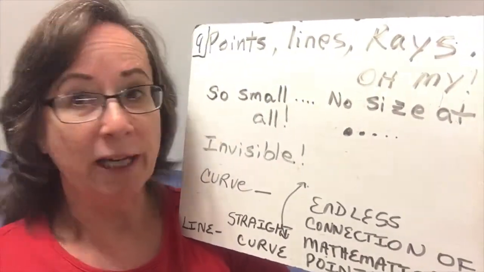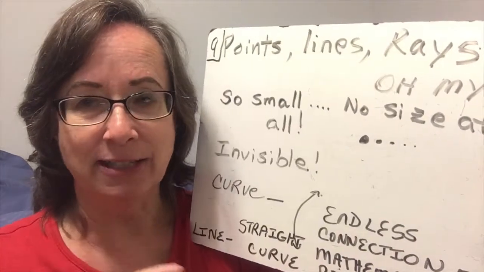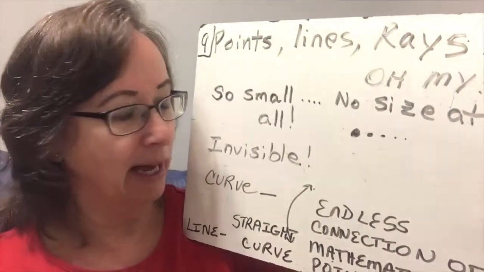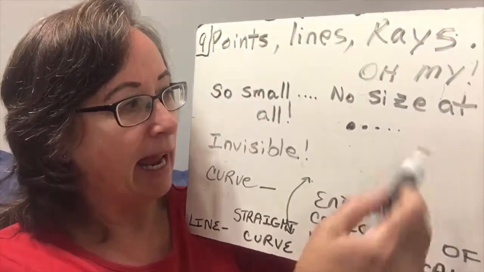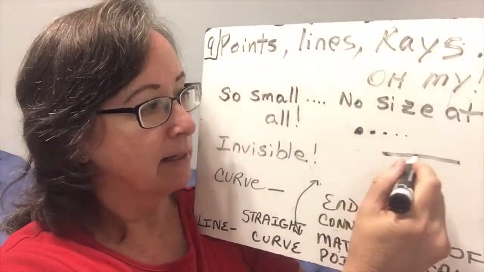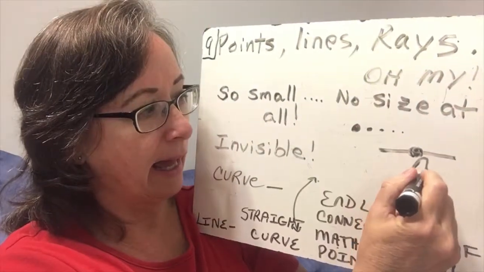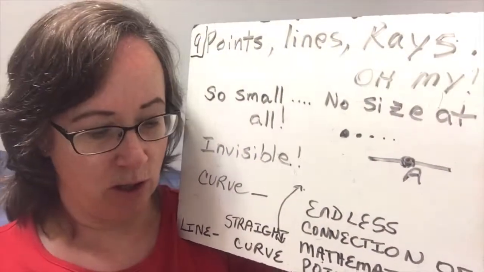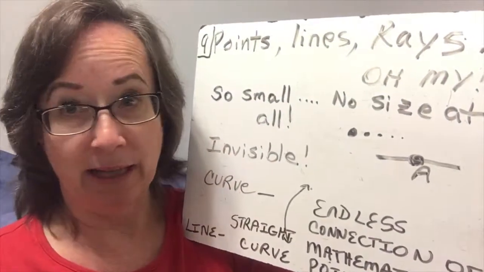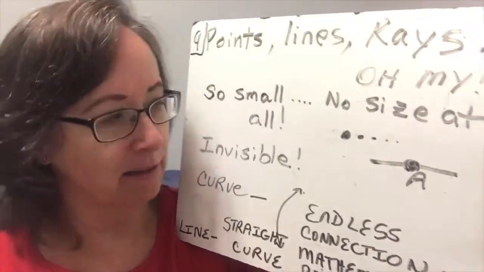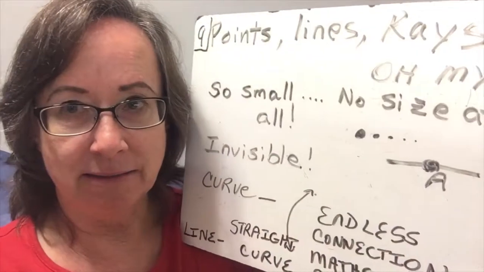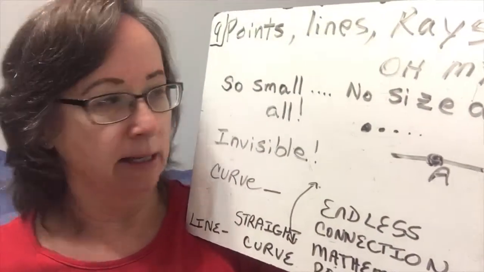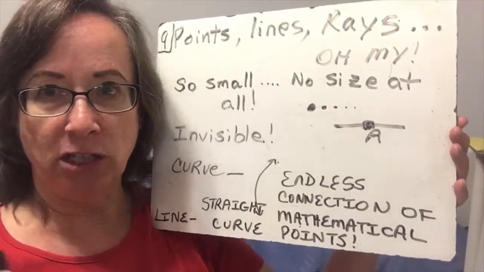Okay, so we use a little dot to designate a point. So I may put a dot on a line and I may call it point A, but point A is really so small that we cannot see it. In fact, the line is so small we cannot see it. We just draw it because this is the definition of a curve.